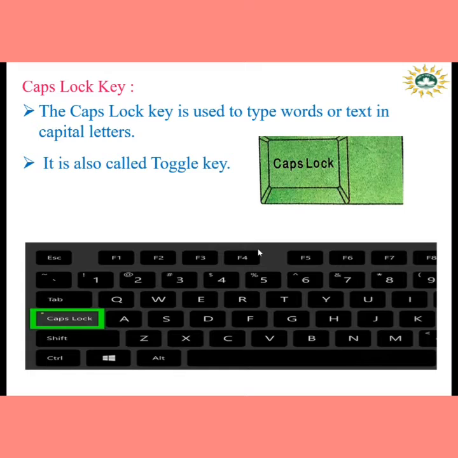So toggle means shift from uppercase to lowercase and also lowercase to uppercase.